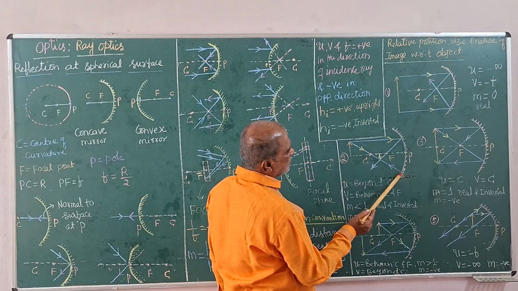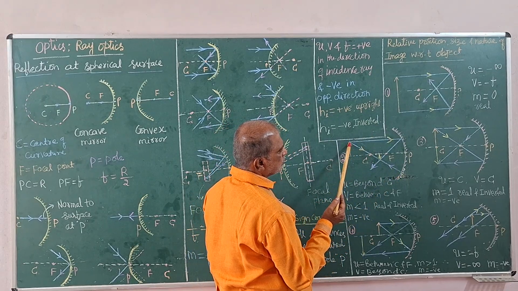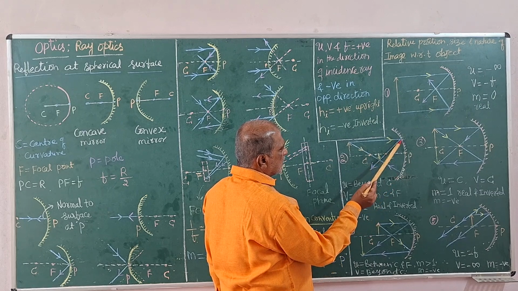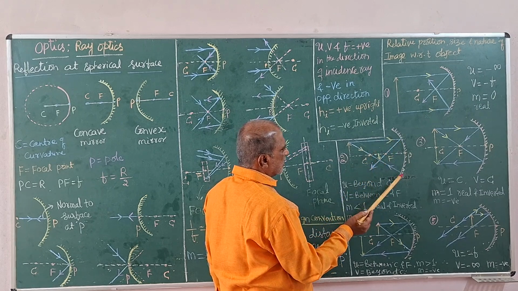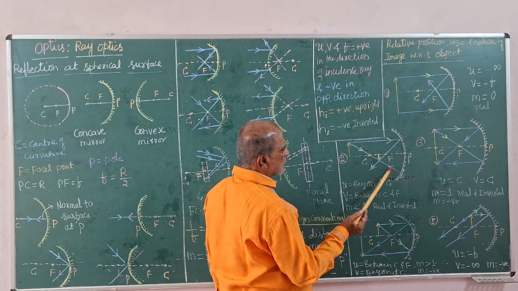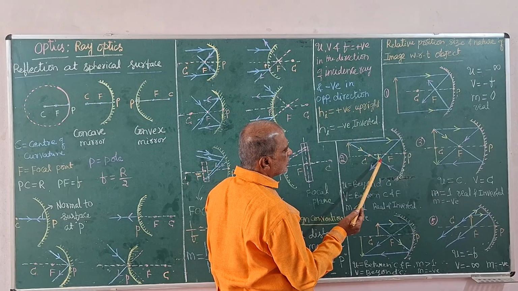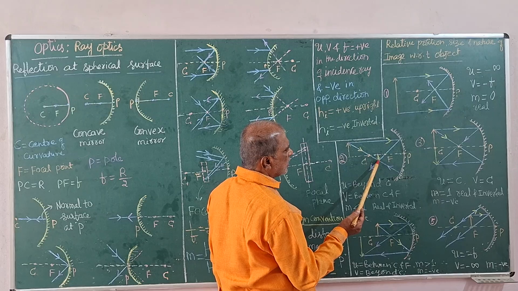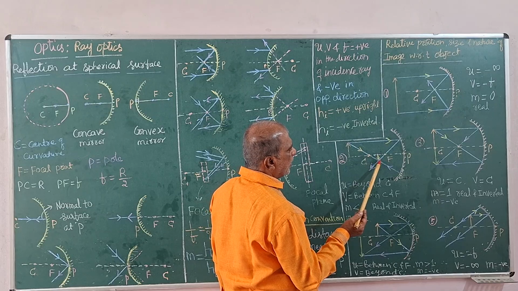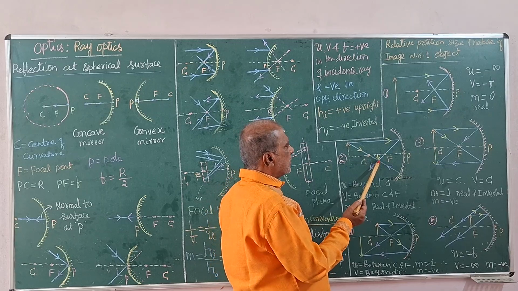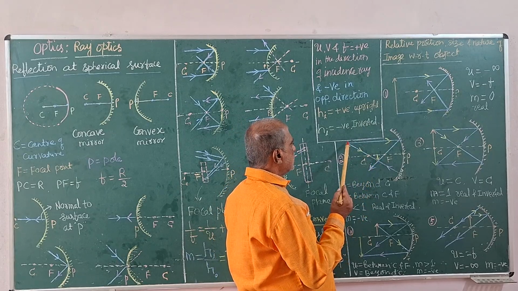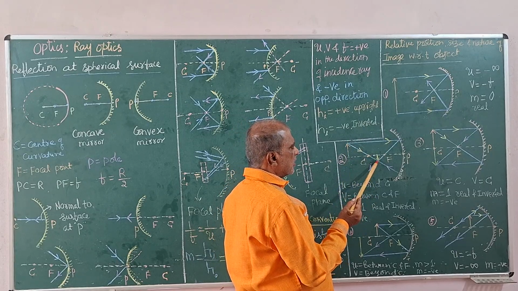After reflection it passes through the same line. Incident ray, reflected ray. That is the reflected ray of this ray and the reflected ray of this ray. Both of them intercept at this point. So if they intercept at this point, this must be the point on the tip of the image.